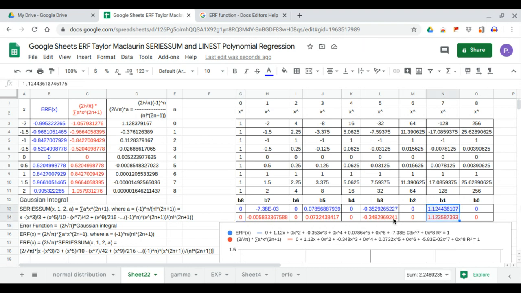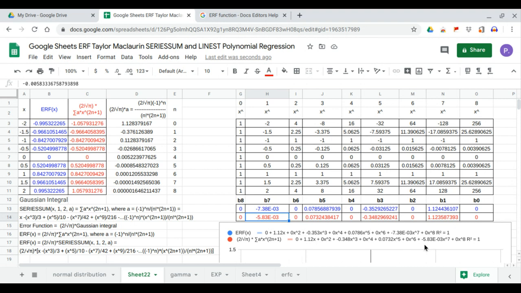So 1.12, B2, 0. And B3, negative 0.348. That's correct. B4 is 0. B5, there's a bit of difference, 0.0732. And B6 is 0. And B7, we change it to the scientific. That's 5.83 times 10 to the minus 3.